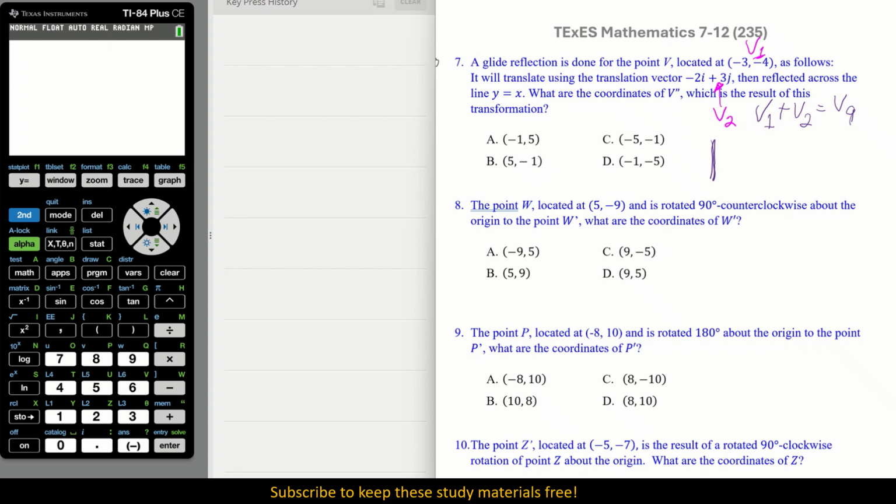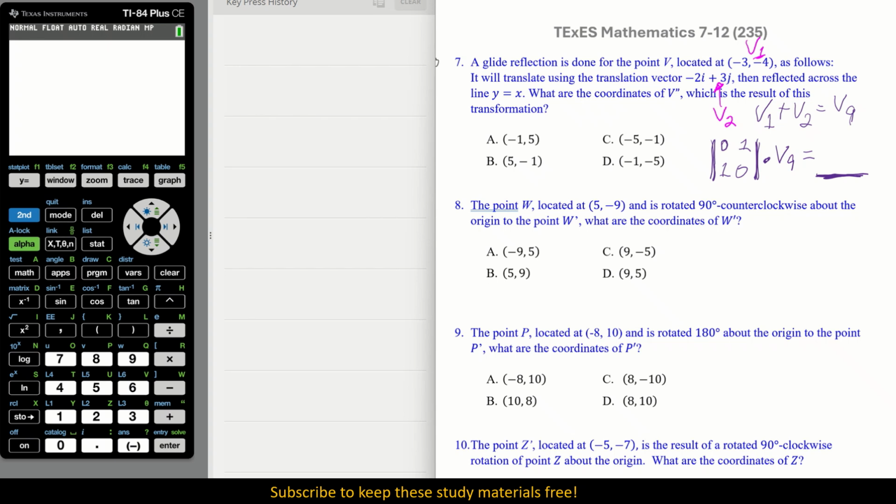When you're reflecting something across the line Y equals X, you're just taking the X and Y and flipping them. Your matrix is 0, 1, 1, 0. Then you multiply that by whatever you had in V9, and you're going to get what you need.